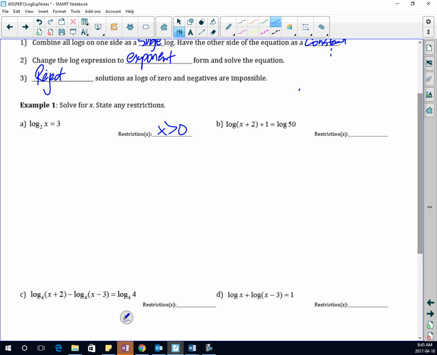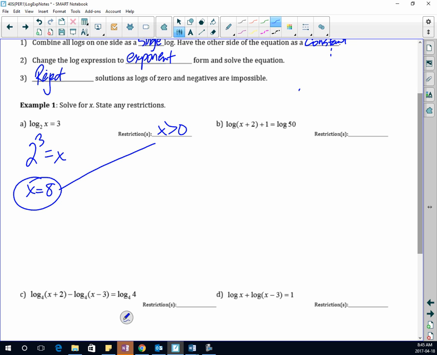It's already got the logs on one side as a single log. It's already got a constant on the other side. So now we're going to exponentialize. So what does this become? 2 to the power 3 equals x. Yes? So x equals 8. And we have to check our restriction and make sure that's a legit answer, and it is.